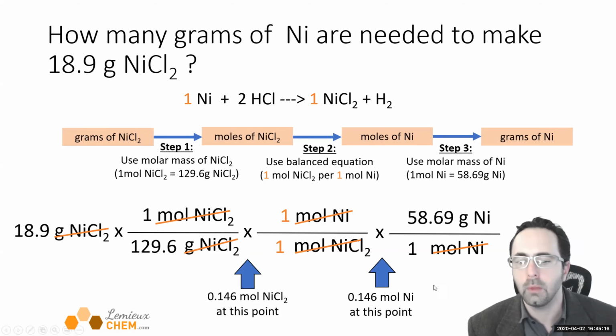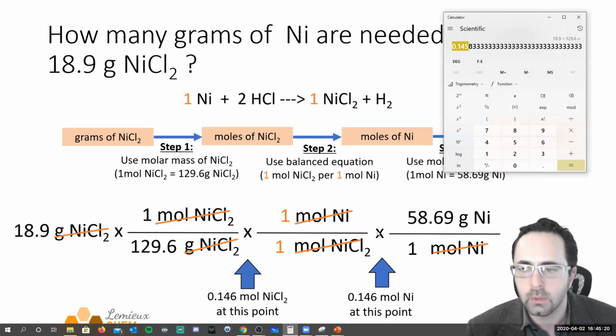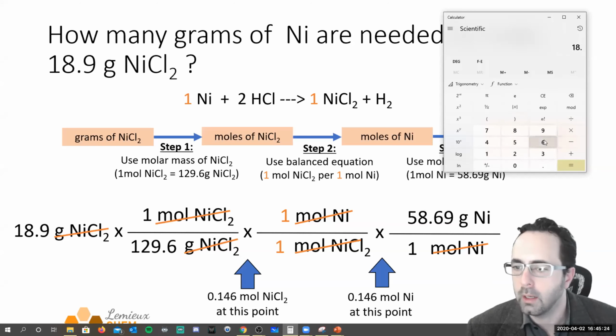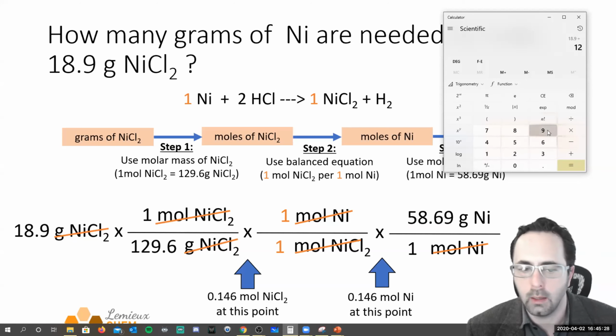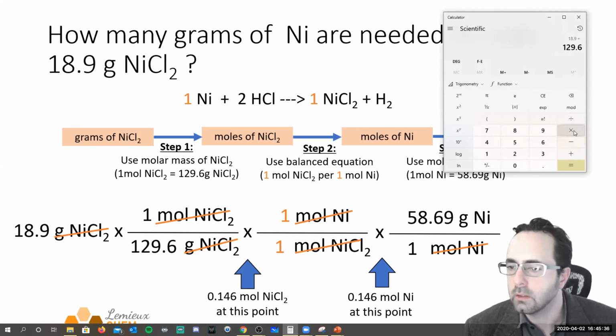So let's assume that you didn't stop and calculate these at the beginning or in the middle. So we'll go from the very beginning, 18.9 divided by 129.6. Now we can ignore the ones. We don't have to do any of those. We have 58.69 on the bottom. So we're going to times 58.69.